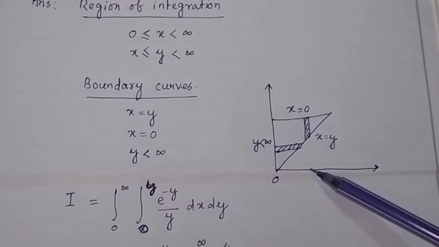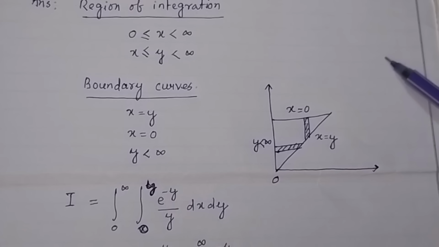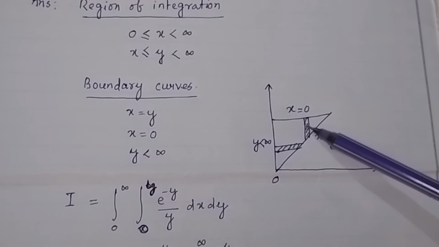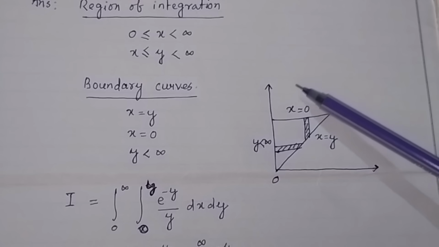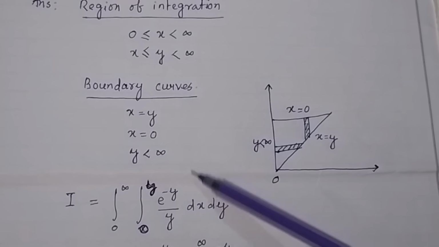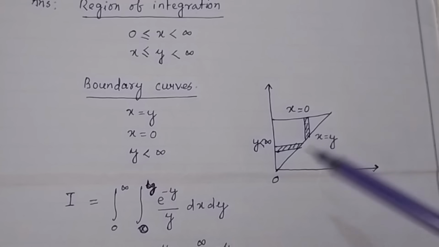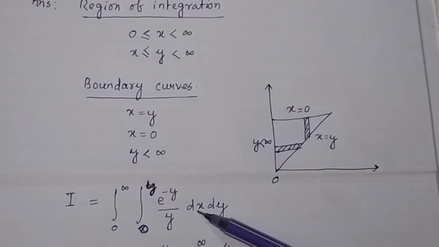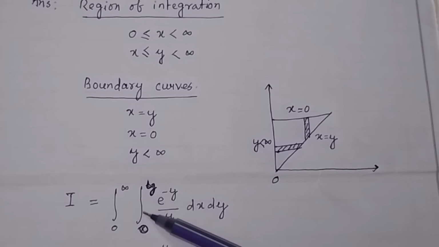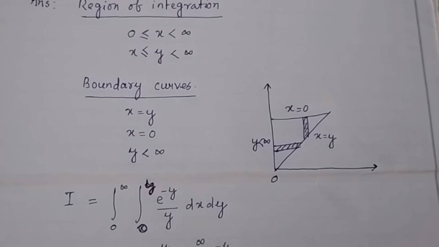If you have any value of x, then y goes up to infinity. So if you change to x, then the limit of integration will change to 0 to y. Then it will be easier to find the limit.